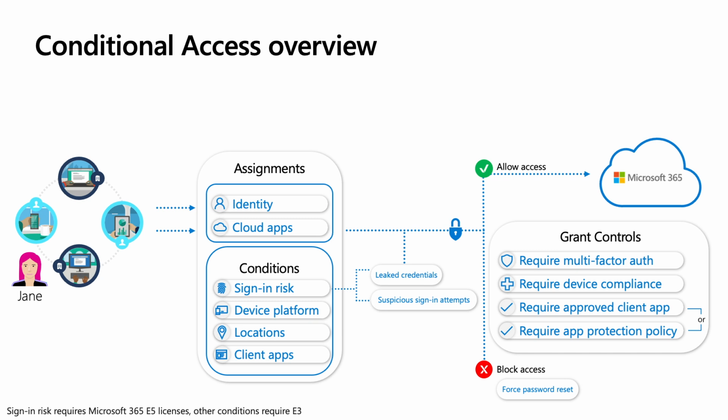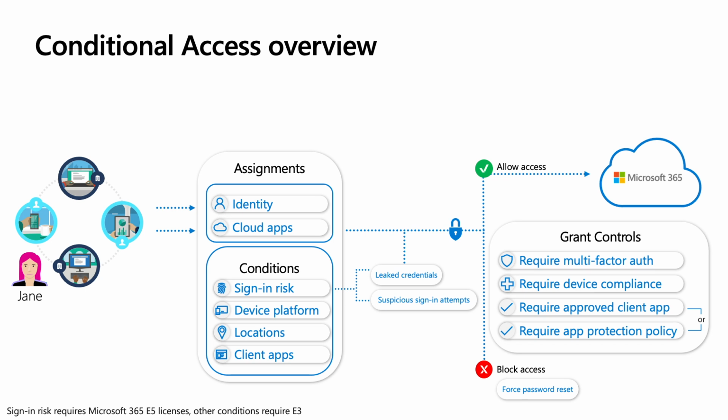From an assignment perspective, we look at the identity, who's attempting to authenticate, and we look at the cloud apps they're attempting to access. And then finally, we look at several conditions, like what location they're authenticating from, what device platform they are utilizing, what client apps they are using, and we can even, depending on your capability in terms of licensing, look at risk.